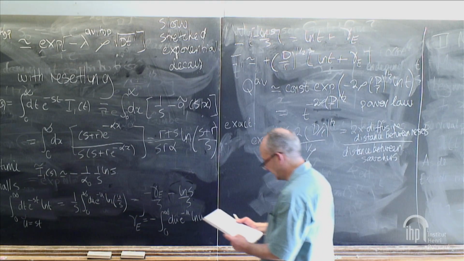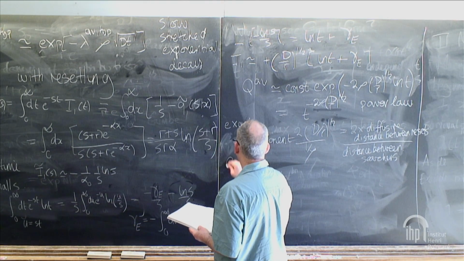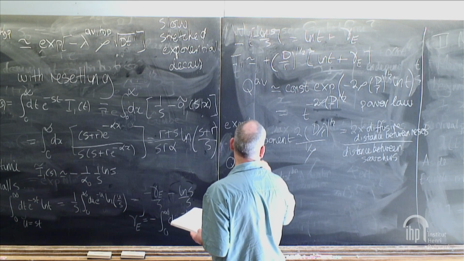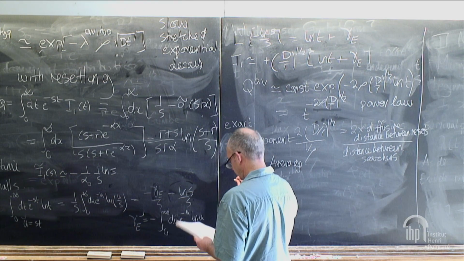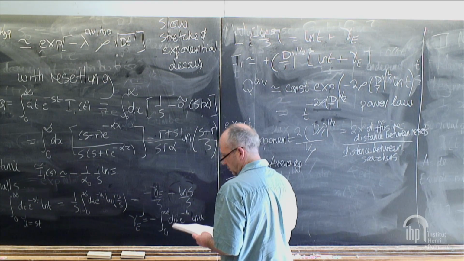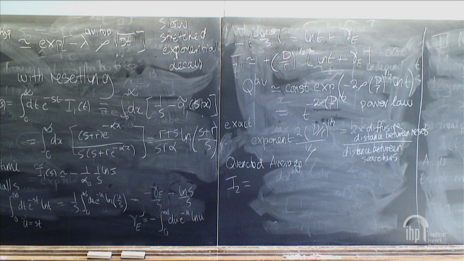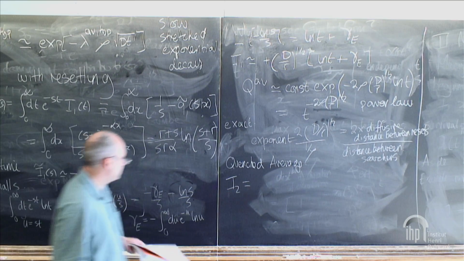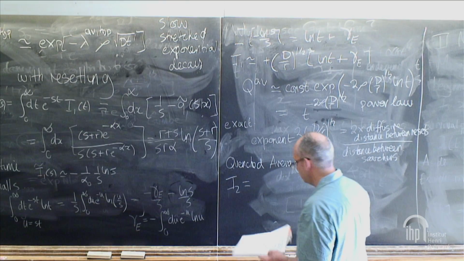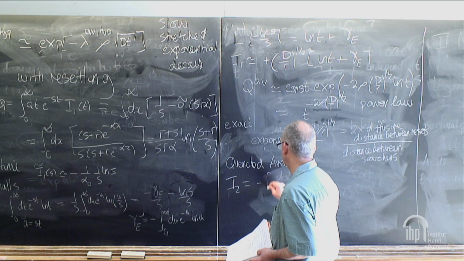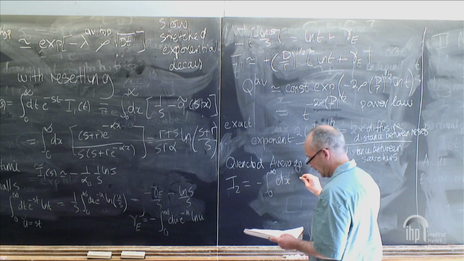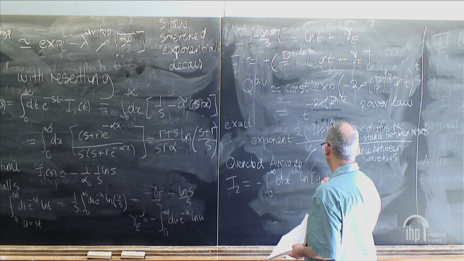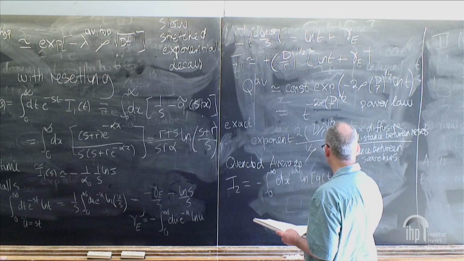Okay, but let me get on to now I2, the quenched average. So here, the I2 is the integral from 0 to infinity, dx, then log Q of t given x.